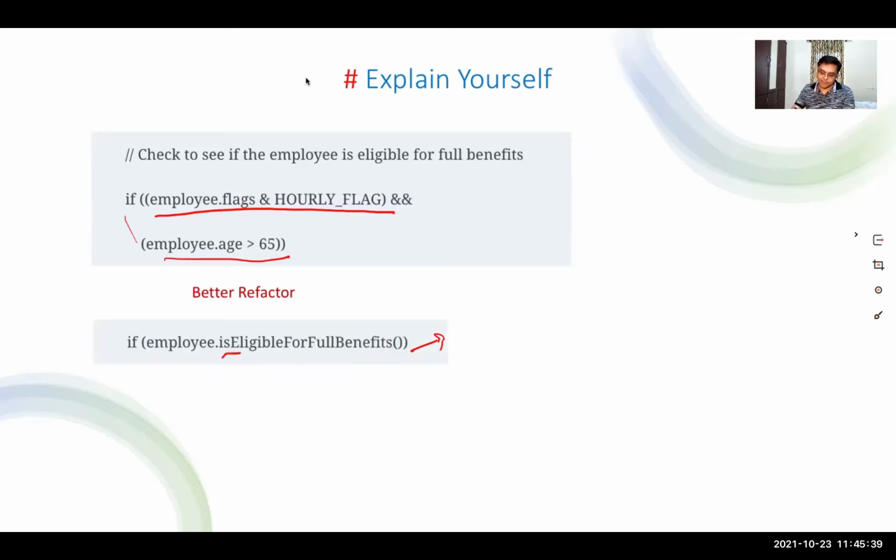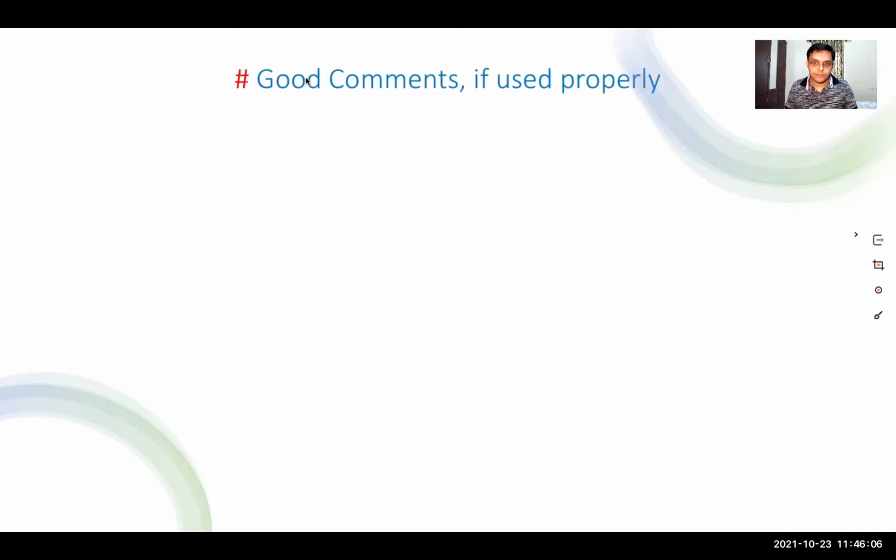But this explains very beautifully. You need not require any comment out there. isEligibleForFullBenefits: the name is self-explanatory, intent revealing, and it is putting in the abstraction level also. It is reducing your method length also. So this becomes more and more beautiful and more maintainable.